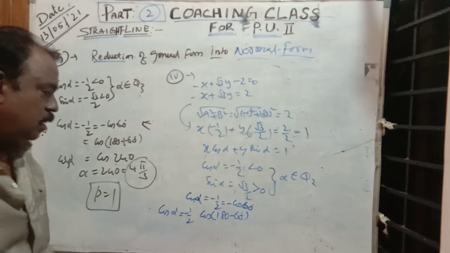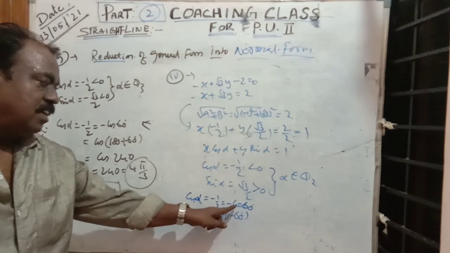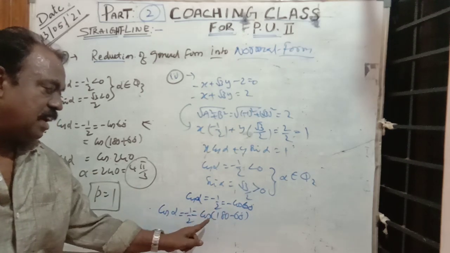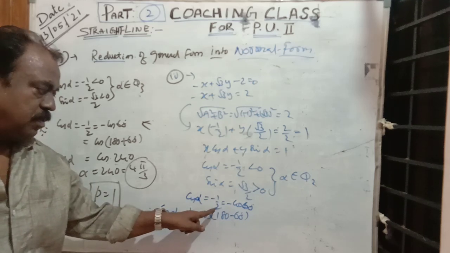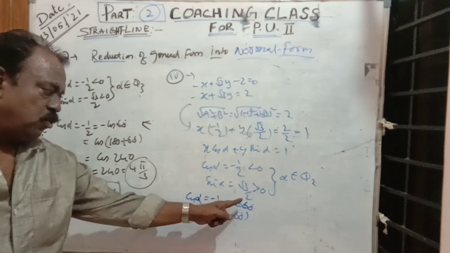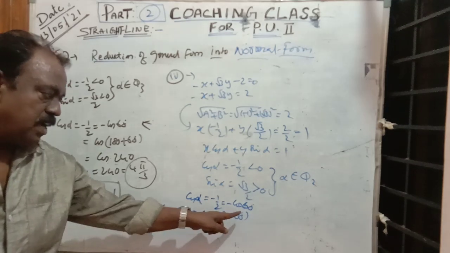Cos alpha is minus half, that can be written as cos of 180 minus 60.